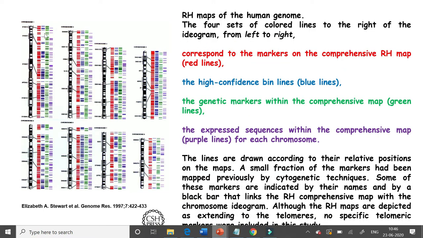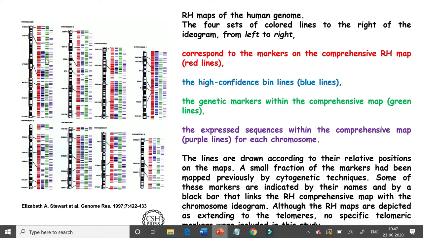Here, as we can see, this is a human chromosome, which shows the DNA banding pattern of the chromosome, and in red we see the comprehensive radiation hybrid map. We have already discussed that radiation hybrid maps were assayed for the presence of different STS, and clone contig maps were developed by use of the radiation hybrid map. Then the blue shows the high confidence bin, in which it is assumed that these markers will be residing.